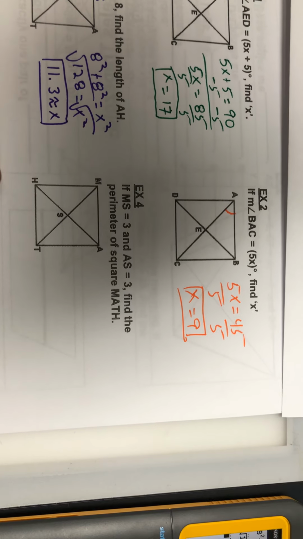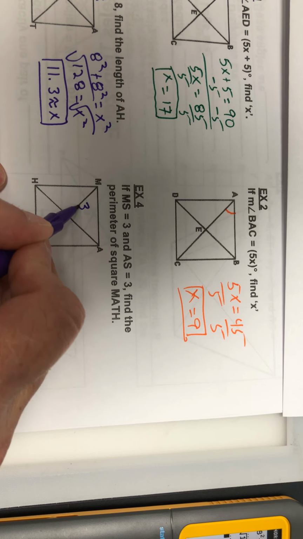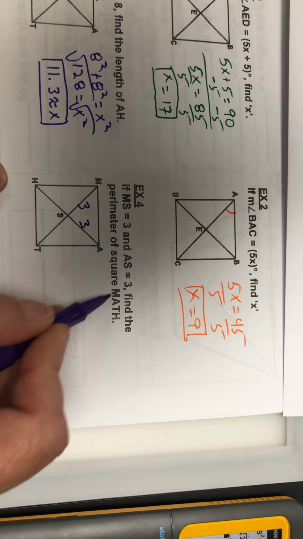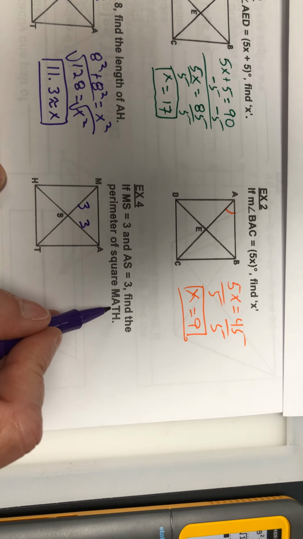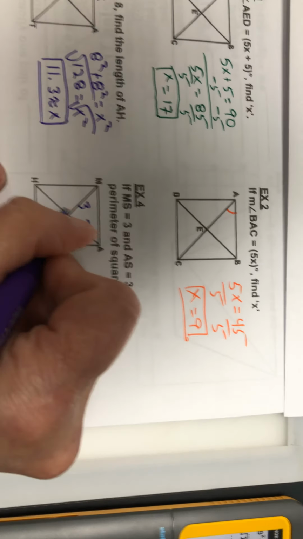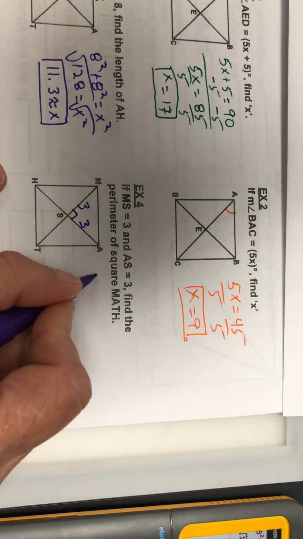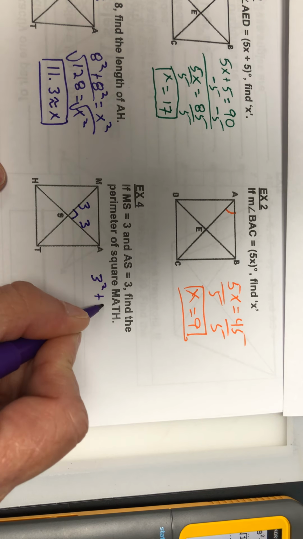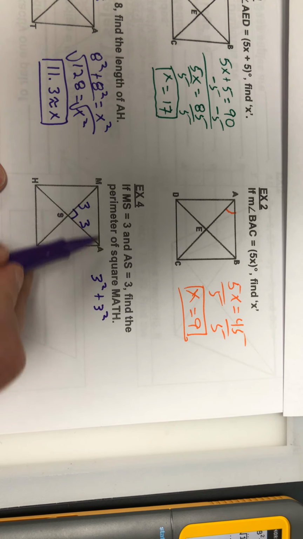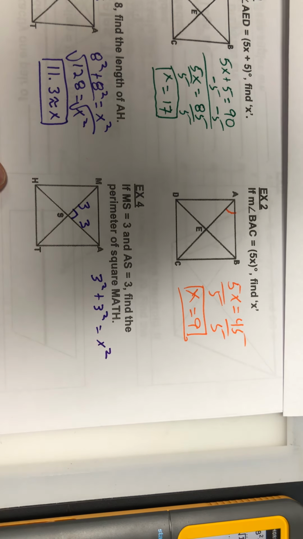Okay. MS is 3. AS is 3. They didn't really have to tell me that, did they? Find the perimeter of the square. Mathematicians are so funny, aren't they? This is a right angle. I'm finding my hypotenuse. 3 squared plus 3 squared. Because if I'm going to find my perimeter, I have to know my side lengths. Skipped over that, didn't I? Equals x squared.